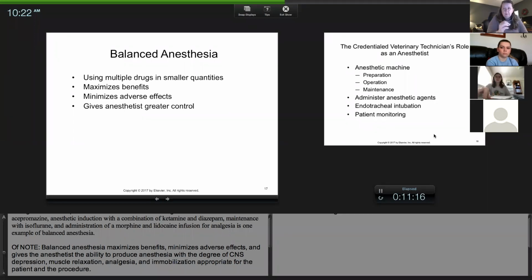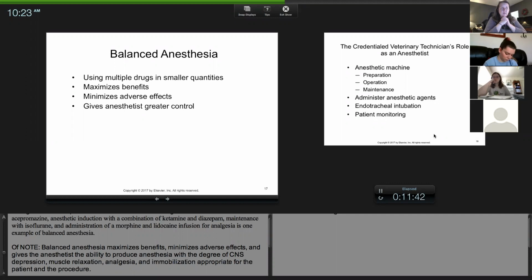If I can calm that patient down by giving it a sedative, put it in a cage, I get my stuff set up. When I bring the pet out, they're kind of already asleep. And then I place their catheter, and then I give them an induction agent, and then I can run less inhalant. And that gives me lower side effects of each agent.